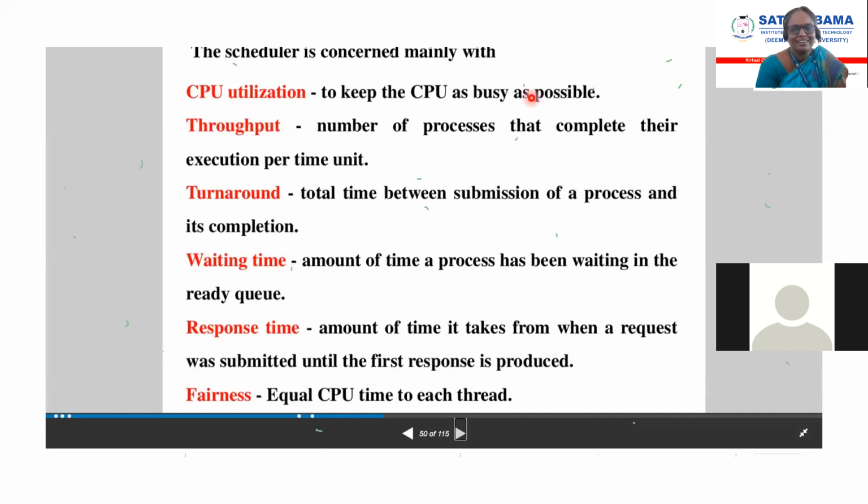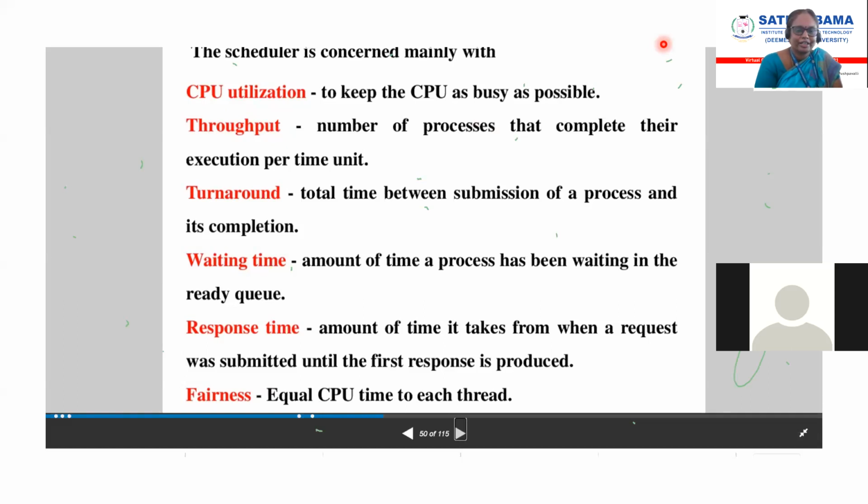Yes, ma'am. Kindly read this. What are the schedulers concerned with? CPU utilization: to keep the CPU as busy as possible. Throughput: the number of processes that complete execution per time unit. Turnaround: the total time between submission of a process and its completion.